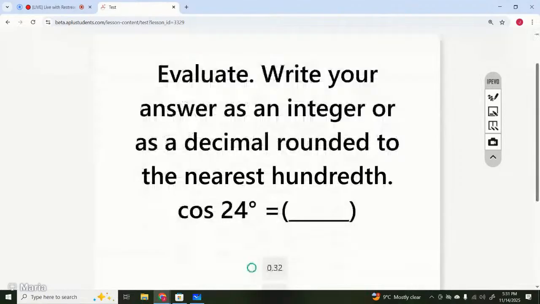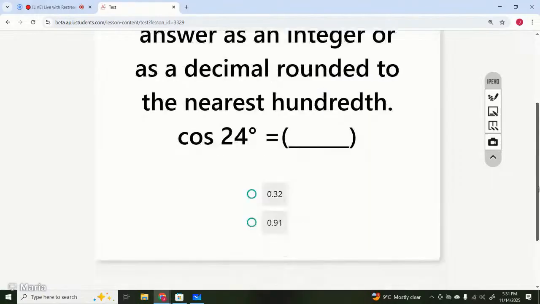Evaluate, right? Your answer is a decimal rounded to the nearest hundredth. So cos 24, that is 0.91. Option number 2 is the correct option. Cos 24 is equal to 0.91.